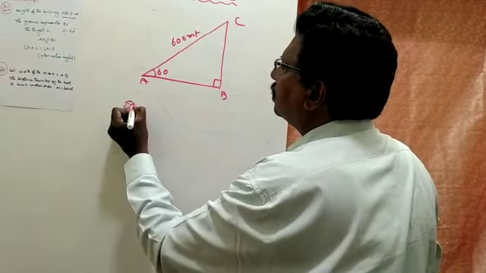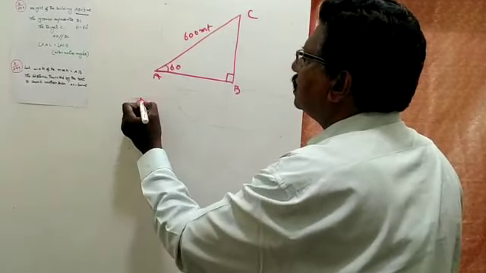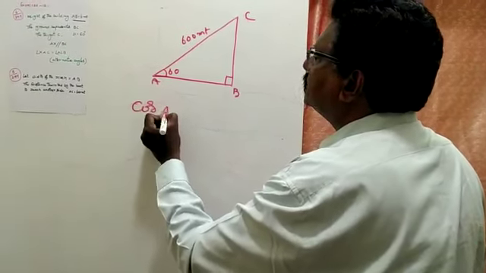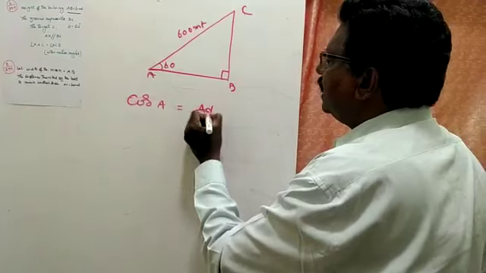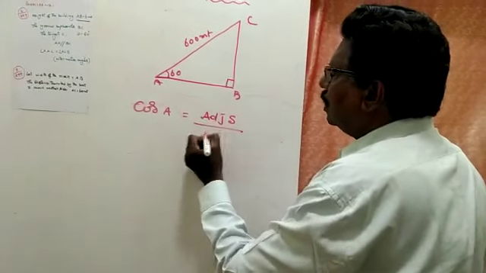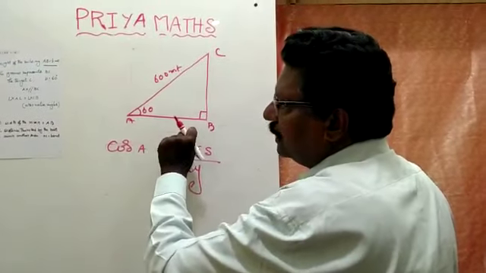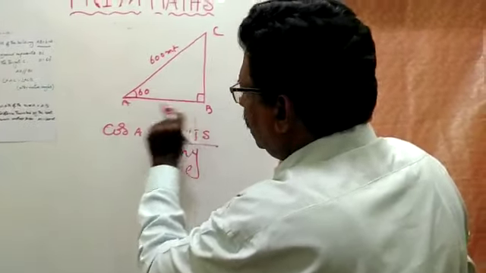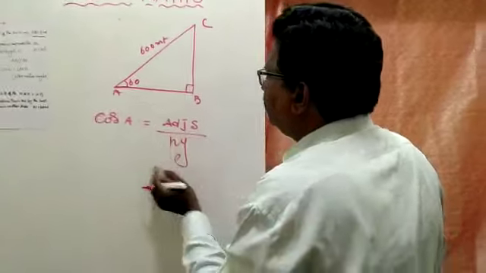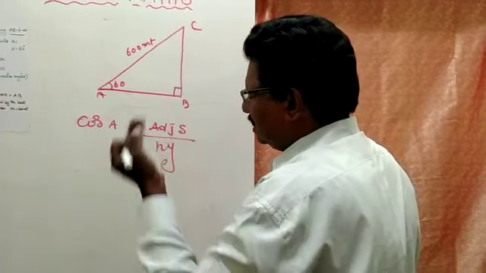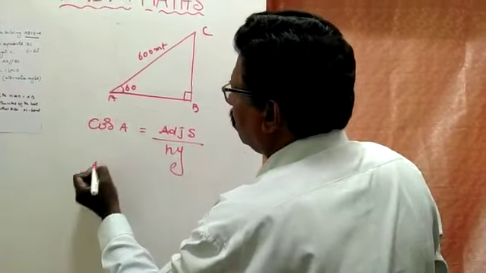Then cos A is equal to adjacent side by hypotenuse. Adjacent side means AB. AB means the width of the river. Then it is easy to find the value.